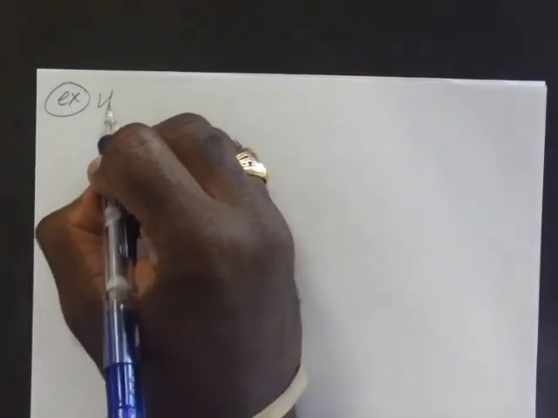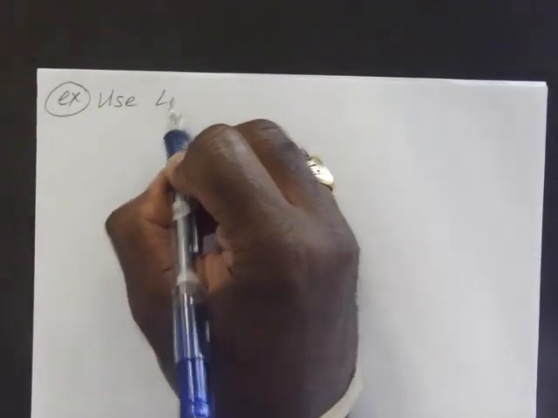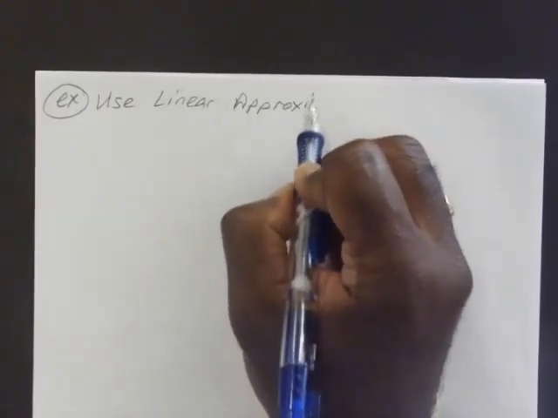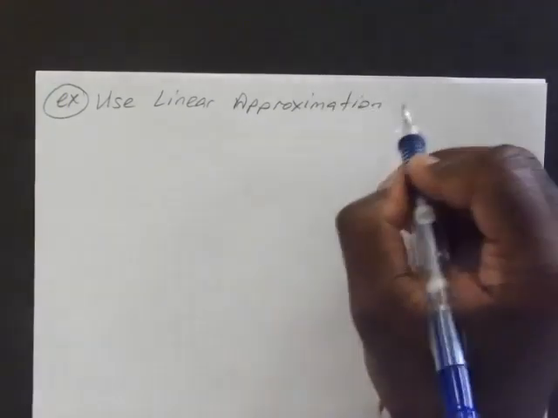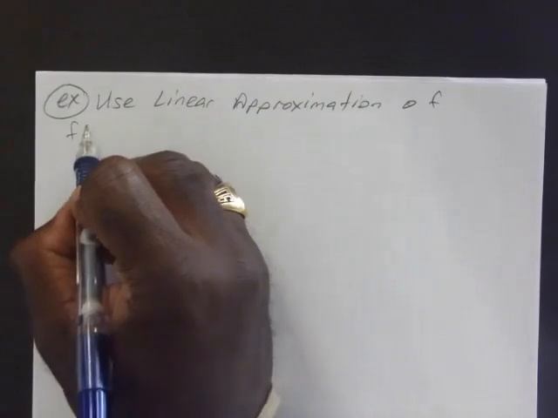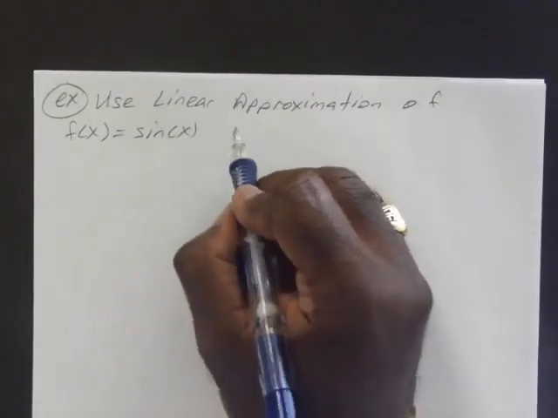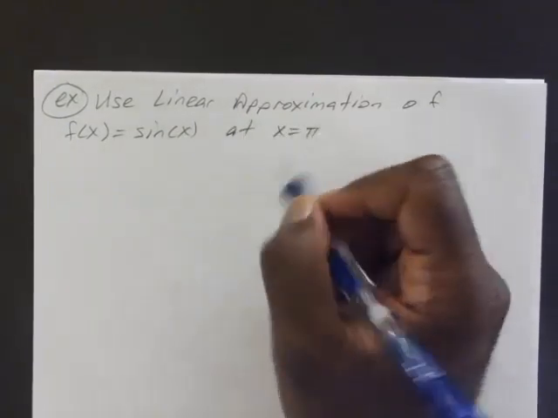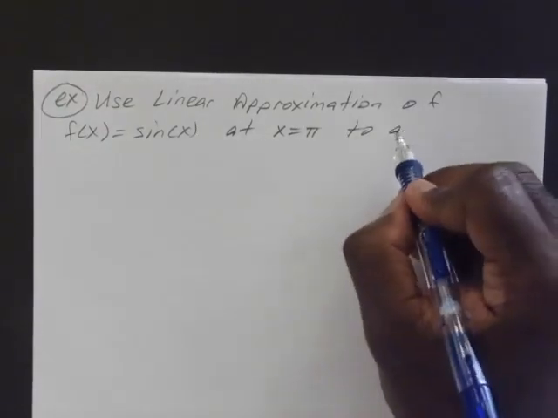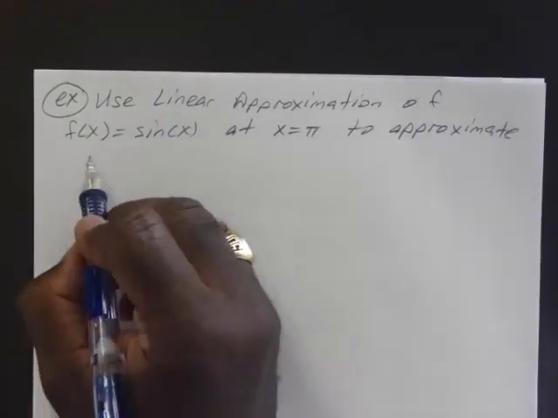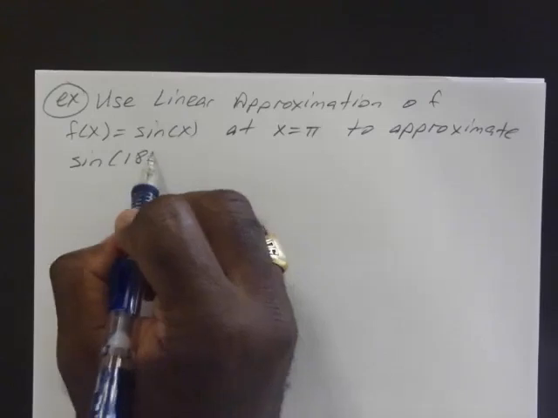Okay, so let's say, for example, we want to use linear approximation of f of x is equal to sine of x at x is equal to pi to approximate sine of 183 degrees.